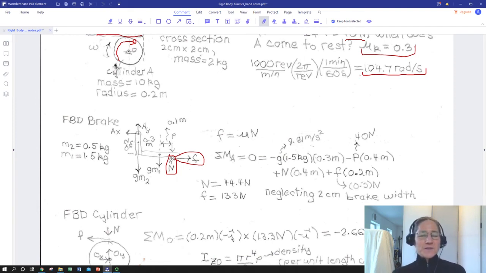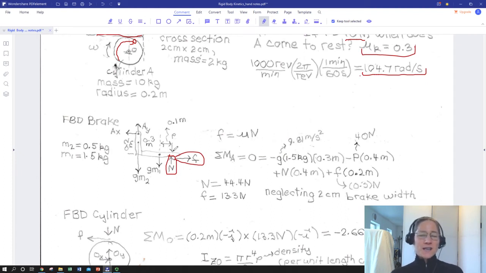So the trick becomes finding N and hence F out of our brake FBD. So this is back to statics. So we can do an FBD of the brake and basically look at the weights of each part and the force.